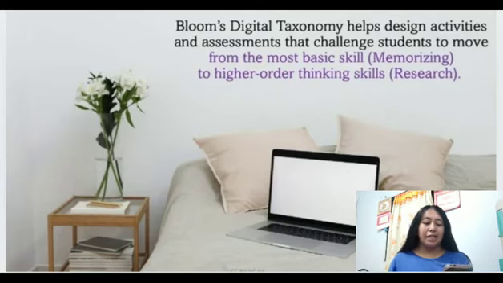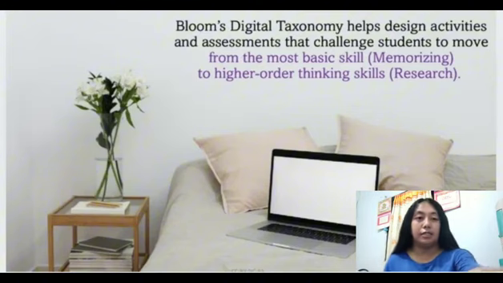It guides educators in designing activities and assessments that gradually progress from simple recall and memorization tasks to more complex tasks involving critical thinking, analysis, evaluation, and creation. By using this taxonomy, educators can ensure that students are engaged in meaningful learning experiences that promote deeper understanding and higher order thinking skills.